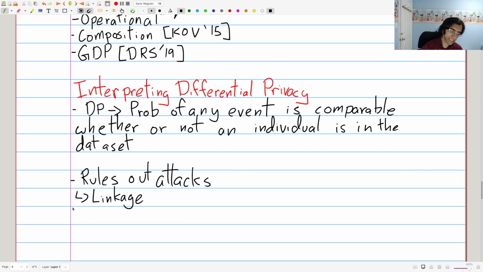Okay, besides linkage attacks, it also protects against reconstruction attacks. In some sense, it matches the attacks that were shown in Dinur and Nissim. We'll quantify this better in a later lecture, essentially talking about composition.